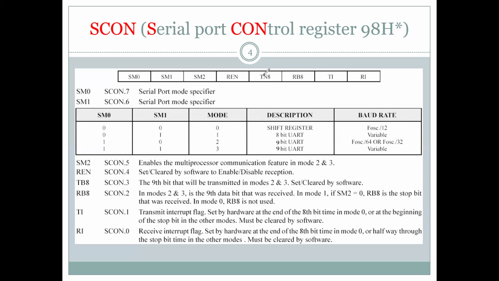And next, this is TB8, not TN, this is TB8, the transmitted 8th bit. This is RB8, the received 8th bit. These two are valid only in 9-bit UART communication. In 8-bit UART communication, your data length is 8 bits, so SBUF will be sufficient to load your character. But in mode 2 and mode 3, your data length is 9 bits.